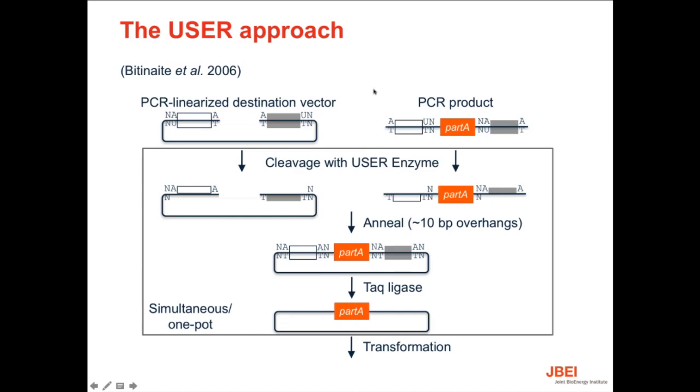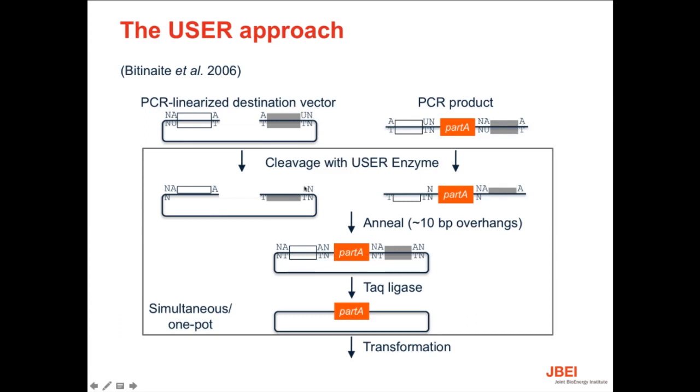And there's a particular set of enzymes, I guess they're collectively referred to in this method as the USER enzymes. And the idea is that the USER enzymes will cleave at a uracil position, which basically generates these overlaps.